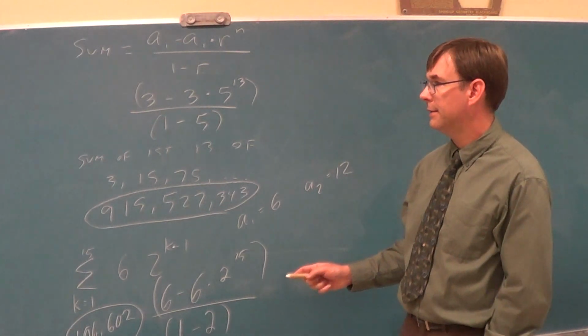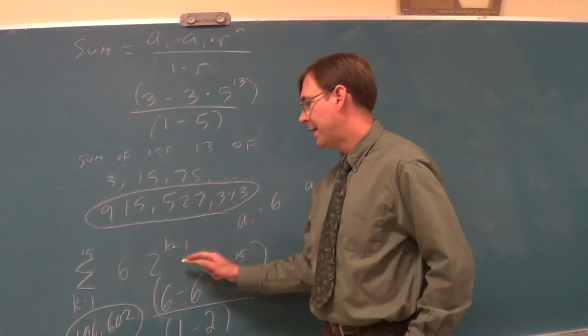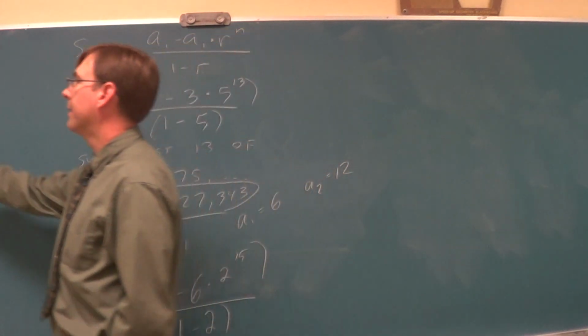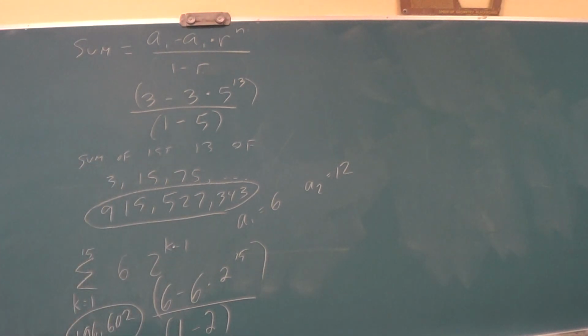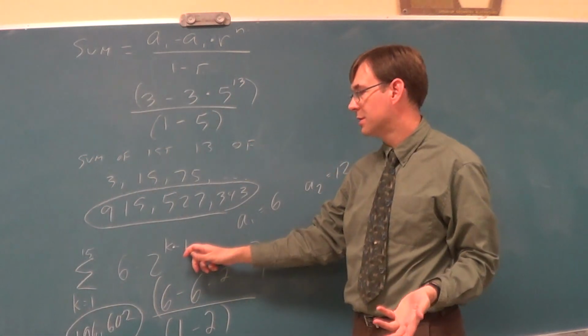Alternative plan to figuring out the first and the ratio. The camera won't be able to follow along, but if we look at the general term equation, if you see an n minus 1 power, which we had a k minus 1 power, same thing.